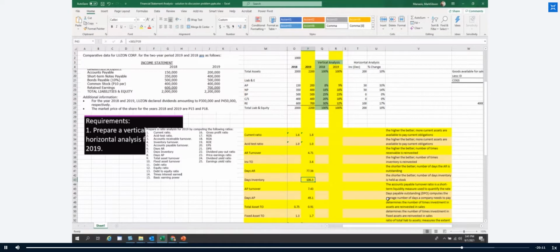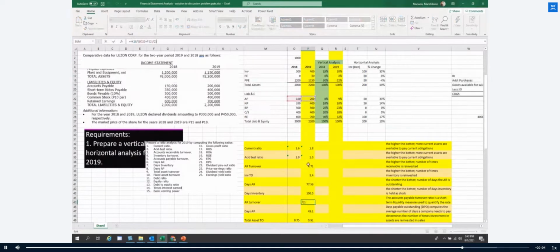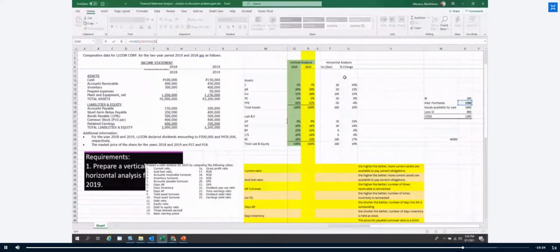All right. Next, we have AP turnover. AP turnover is simply your purchases. In this case, purchases is not available, but we can calculate for that given your beginning inventory, your ending inventory, and your cost of goods sold. So your purchases is equivalent to 1.3 million divided by your average AP.